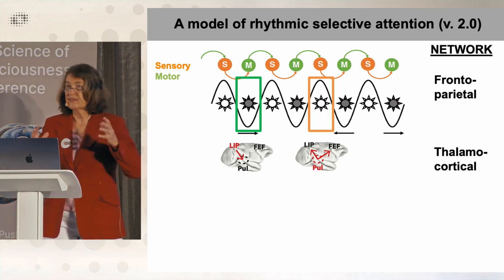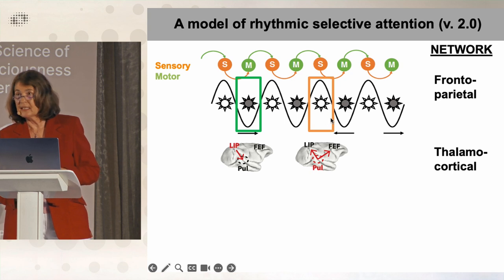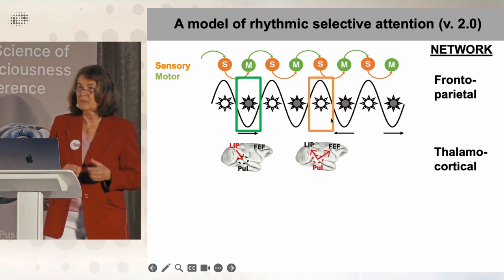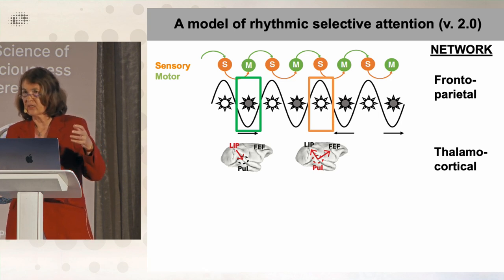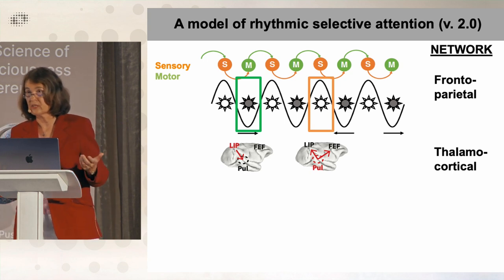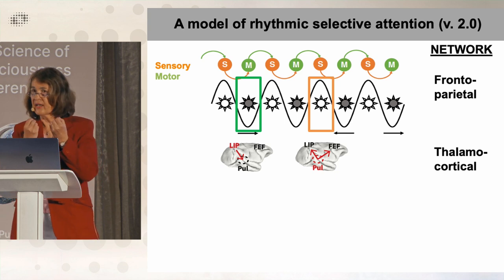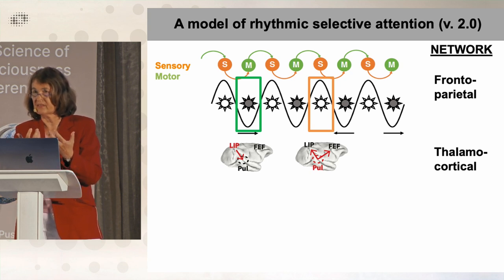We think that this theta rhythm that we see so prominently in the attention network is much more than just an important rhythm for that network. It is a rhythm that coordinates a lot of other cognition and a lot of other networks, and thereby this attention rhythm provides a scaffold for the rest of cognition. So that's the idea here.